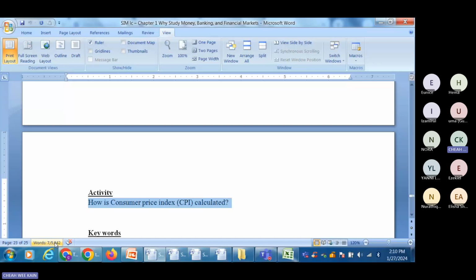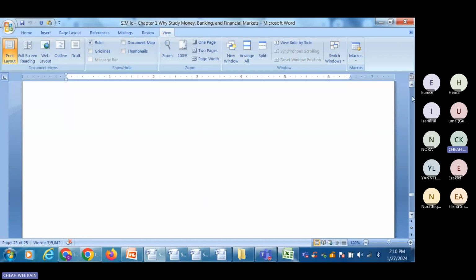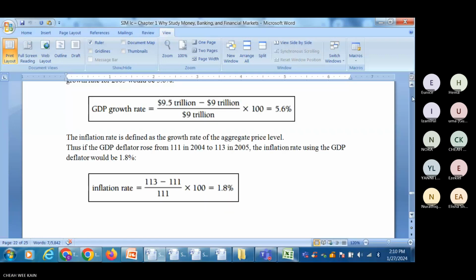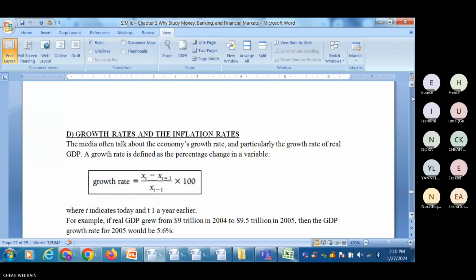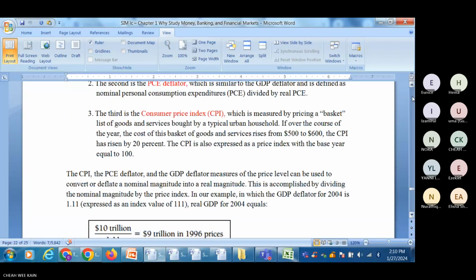Okay, so let's look at this one. How is consumer price index calculated? I think there's a formula here. This is how it is calculated.